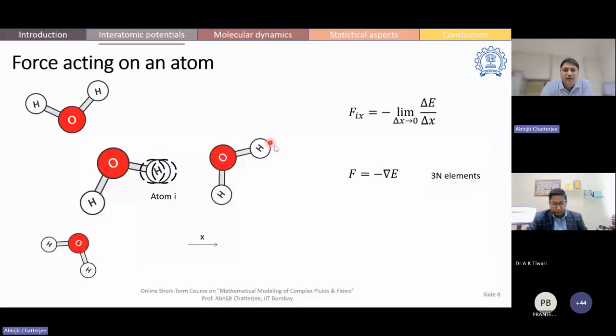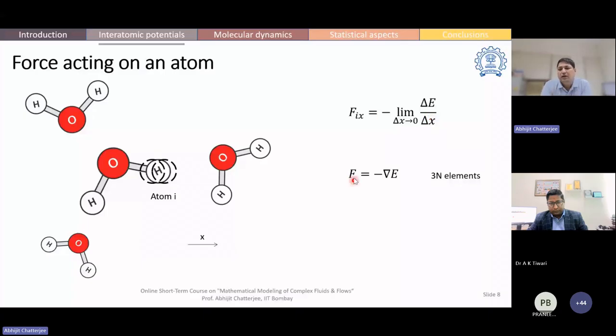And so there will be a delta E change in energy for the delta x change in position we have introduced. So the force on atom i in the x direction can be computed as a derivative of the energy. And there is a negative sign which you have to keep in mind always.